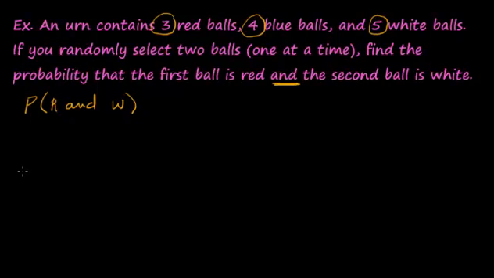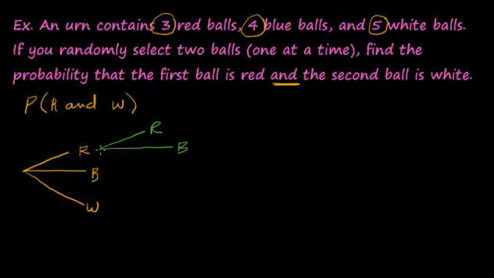So on the first draw, we could get a red ball, we could get a blue ball, or we could get a white ball. Okay, on the second draw, we again could get another red ball, or blue, or white.